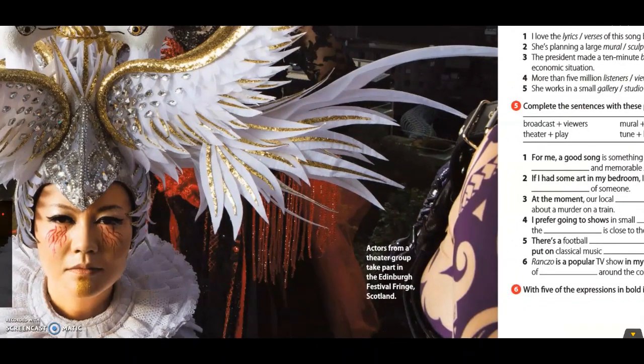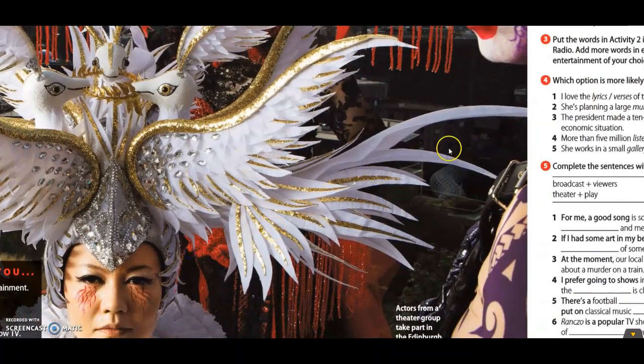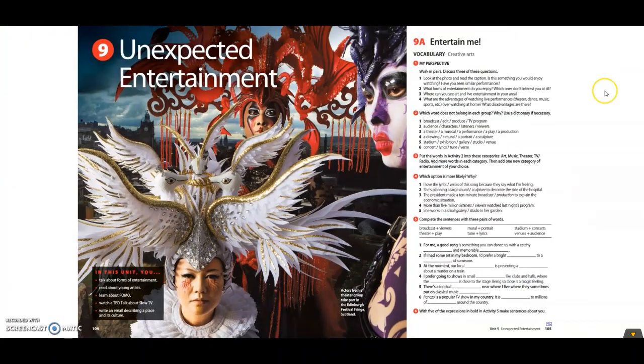I don't know if you have ever gone to or visited a place where you can observe this kind of costume. So let's start with exercise 1.